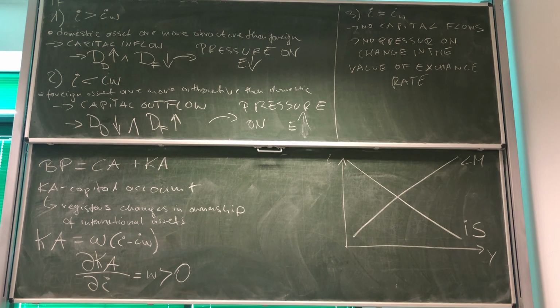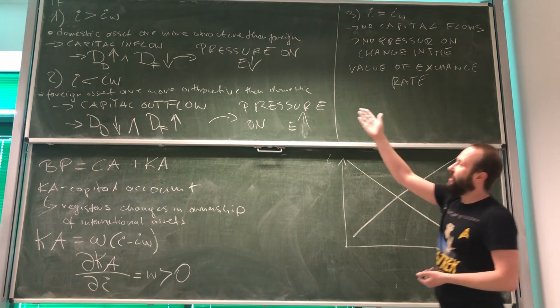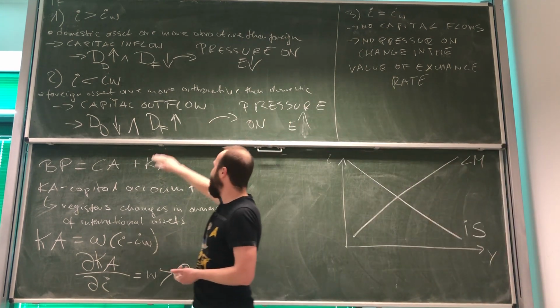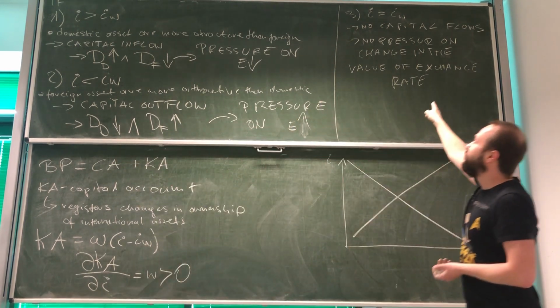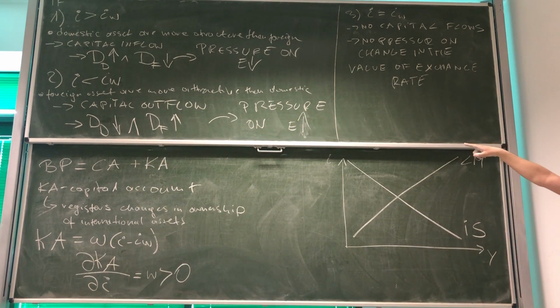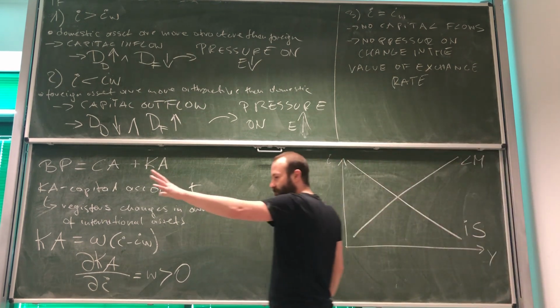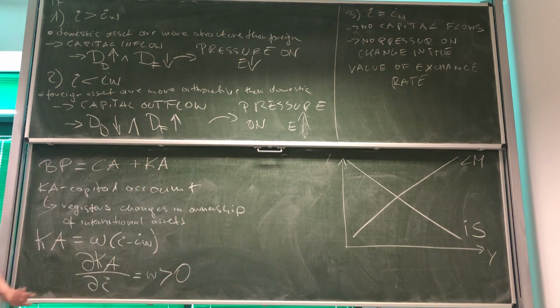What happens to the exchange rate if this capital account is not balanced, so it's not at zero? It creates a pressure on appreciation or depreciation. A higher interest rate in our country creates a pressure on appreciation of our currency, and a higher interest rate in the rest of the world will create a pressure on depreciation.